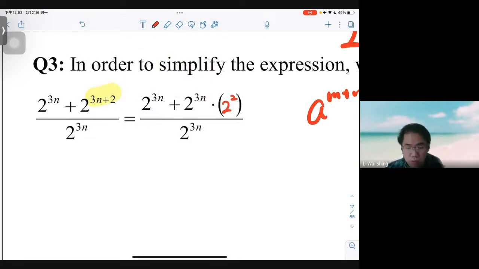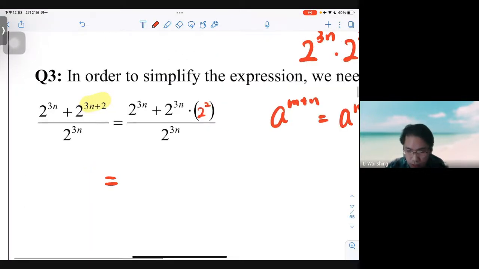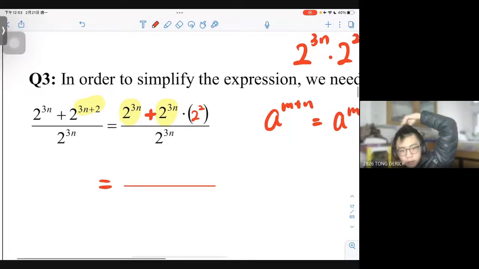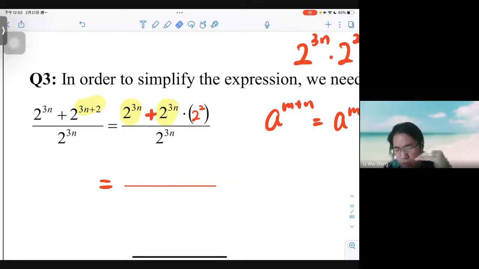All right, then let's do the simplification. In numerator, what can you do? OK，第一個 term 有 2 to the power 3n，第二個 term 你又有 2 to the power 3n。Yes, Derek, can you tell me what can we do in numerator? That will be 2 powered by 3n, and then we can make it become 2 times 2 to the power 3n. Can you tell me what would be appearing in numerator first? Yes, I know you got something.